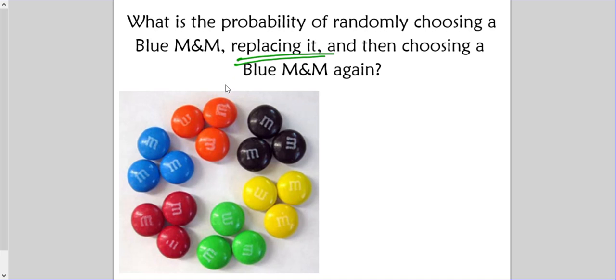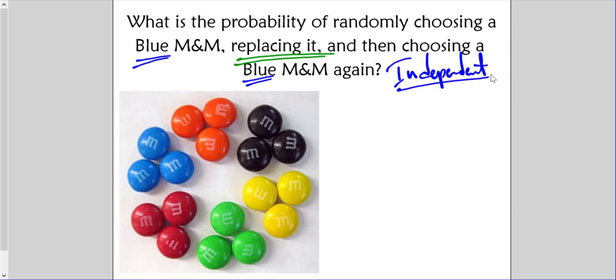So here we're looking at the probability that we get a blue M&M, we replace it, and get another blue M&M. If you're replacing that M&M, we're taking out one of these, putting it right back in, we're back to the original bag. These are actually independent events, because we replaced it.